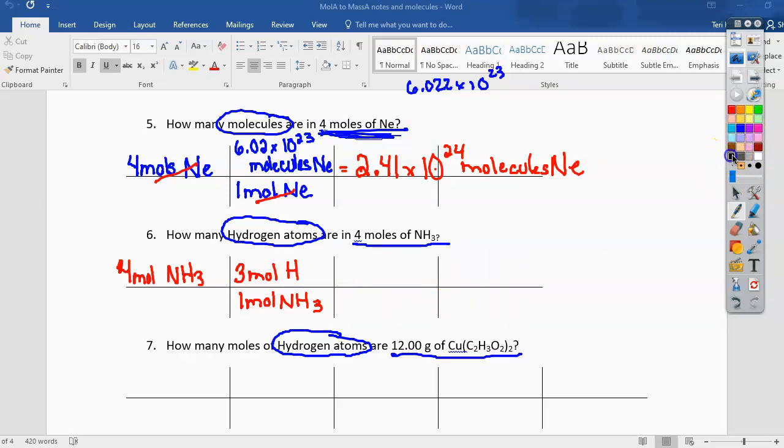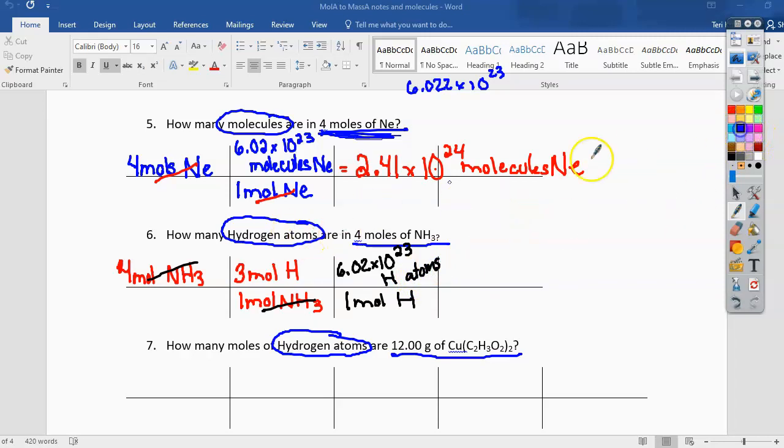And if we look at units, your moles of NH3 are gone. Now you're left with just H. So now in order to cancel out my moles of H, I have to put 1 mole of H on the bottom. And I know that there's 6.02 times 10 to the 23 H atoms in 1 mole.